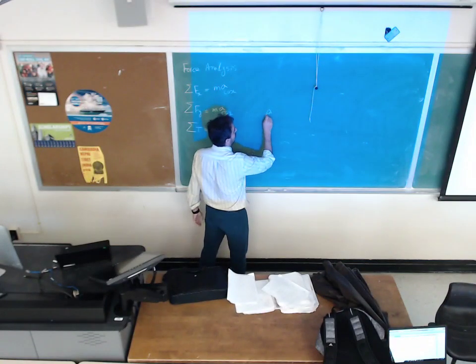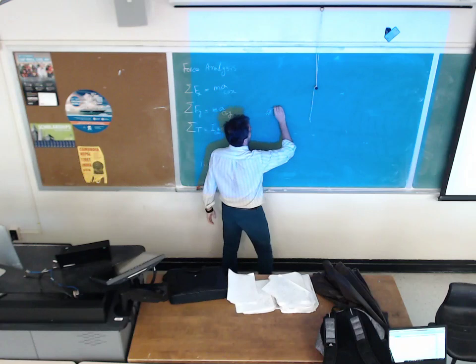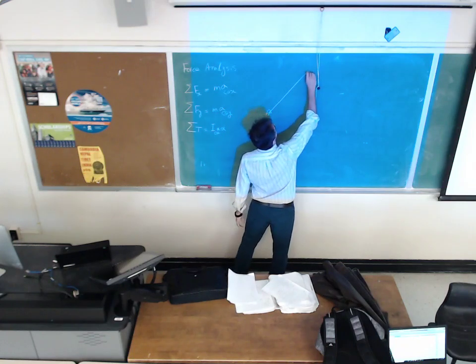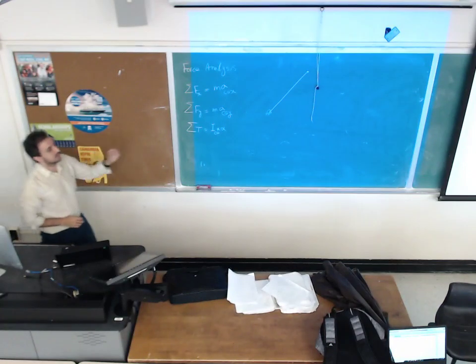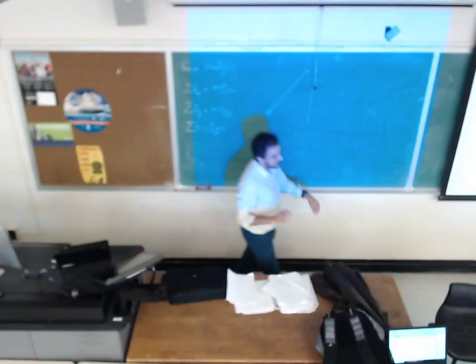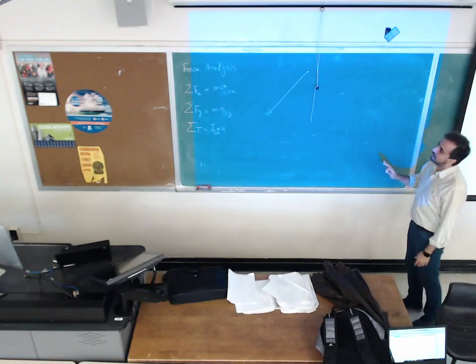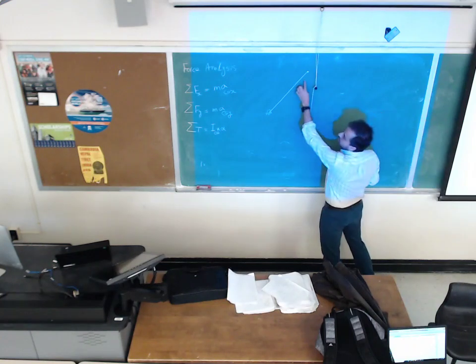At the end of this lecture, I'm gonna do the force analysis for a 4-bar mechanism, but for now, I'm gonna do only one rigid body, which is link 2. I'm not looking at link 3 and link 4, I'm just looking at link 2.